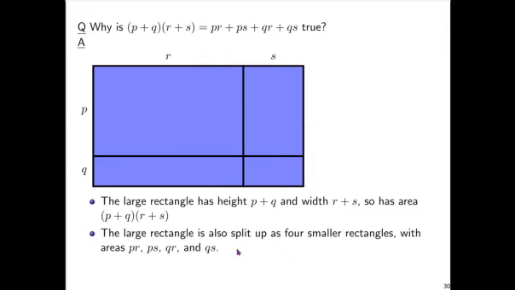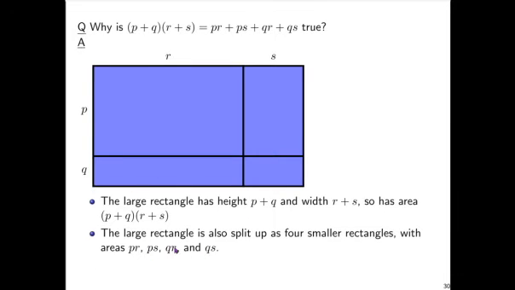Now, the large rectangle is also split up as 4 smaller rectangles, right? There's this upper left rectangle. It's the largest of these smaller rectangles, and it has a height P and width R, so that area is PR. You also see a PS in the upper right, a QR in the lower left, and a QS in the lower right.